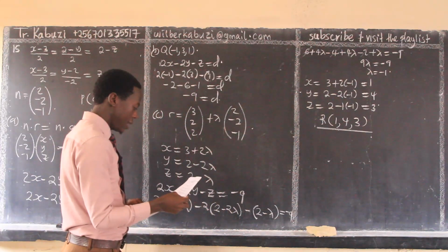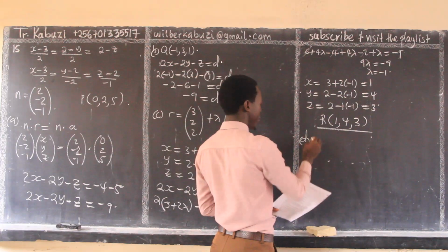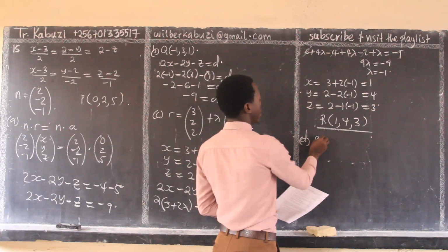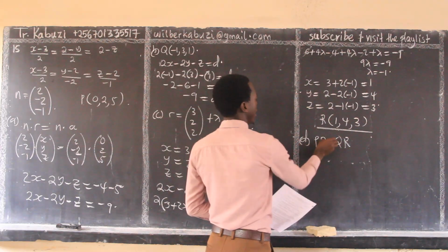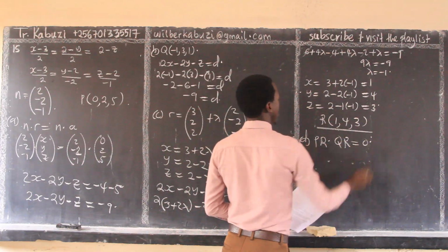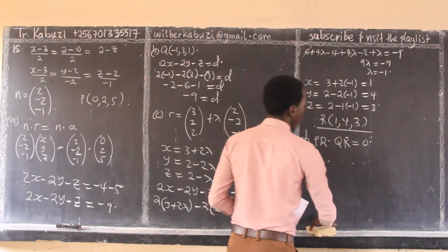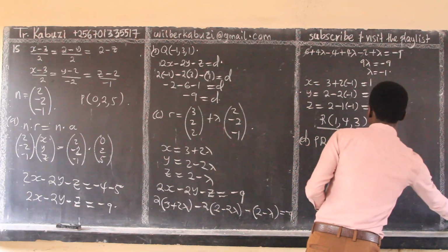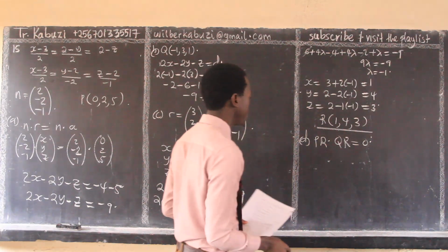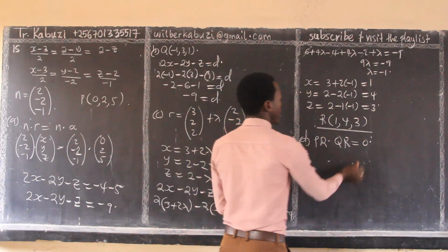Okay, then D, show that PR and QR are perpendicular. If PR and QR are perpendicular, then their dot product is what? It is 0. That's what we have to show. Anyway, first of all, I get my PR.